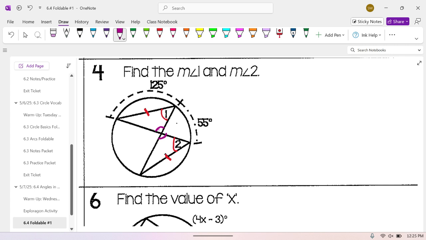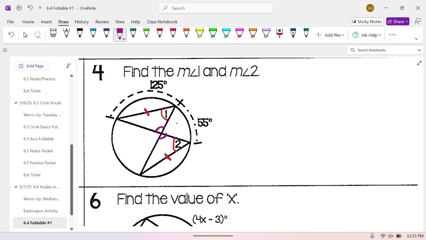Now, here's where it gets interesting. So we can kind of work our way around to what these arc measures are. All right. So we do have a set of inscribed angles that do intercept one of the given arcs.